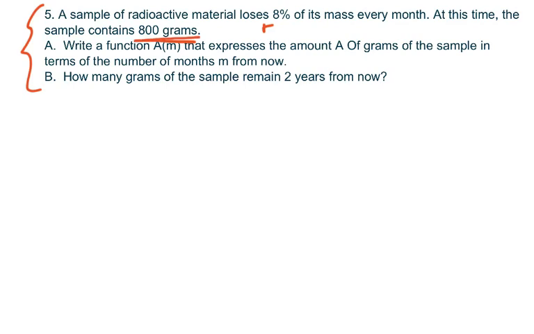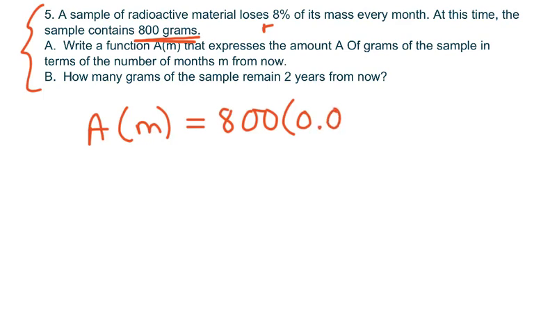So we have to write a function a sub n, a of n, equals my first term, which is 800, and then my r, you can write it as 8 over 100, or you can just write it as 0.08 to the n minus 1.